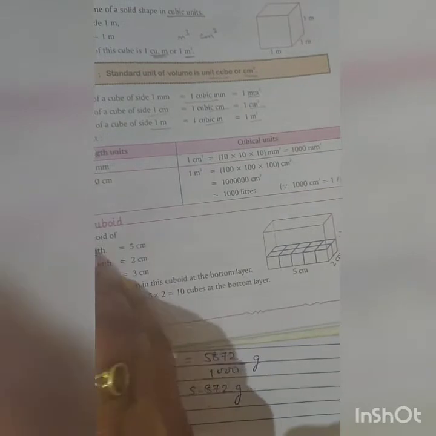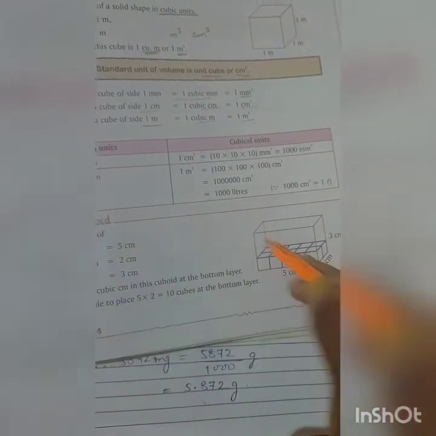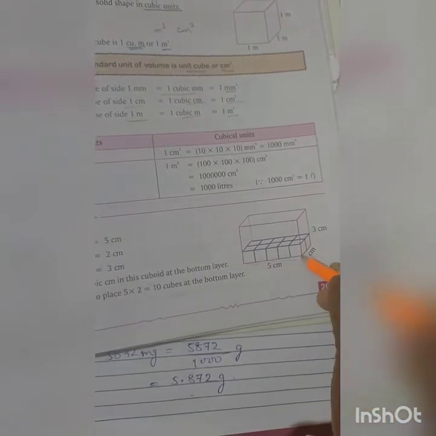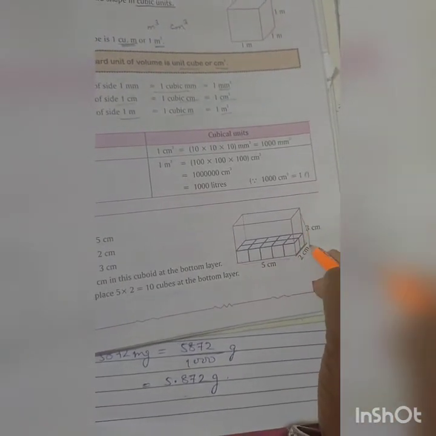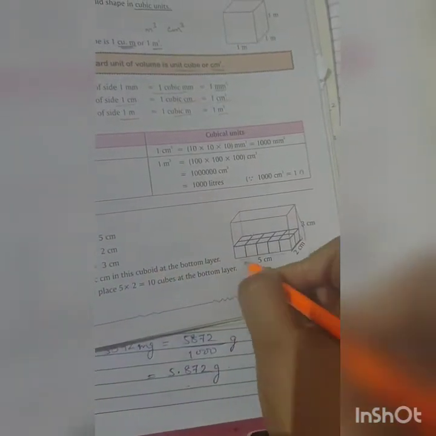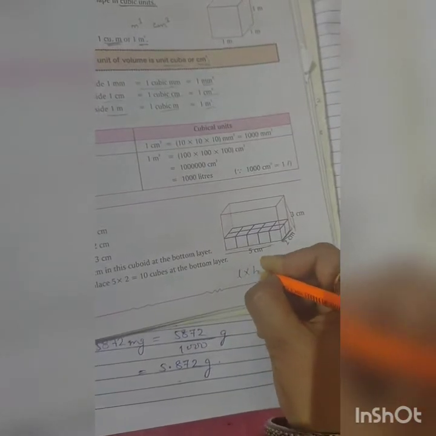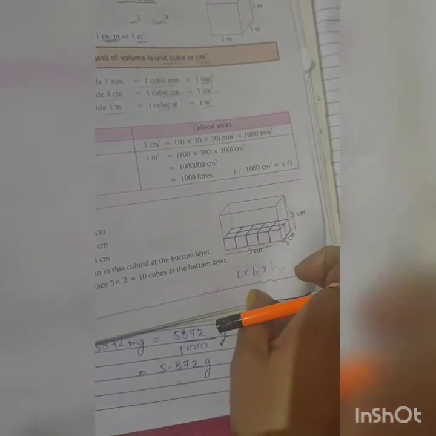Then volume of cuboid. In a cuboid, the length, breadth and height are of different lengths. So the volume of cuboid is length into breadth into height.